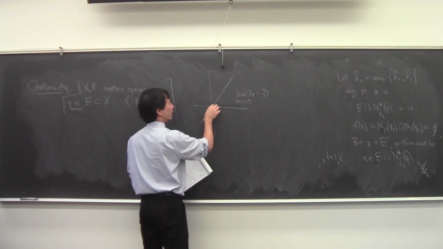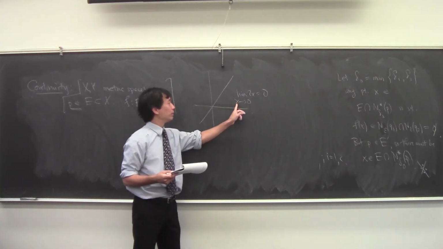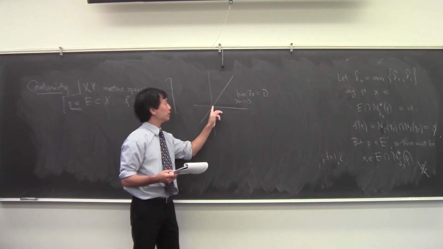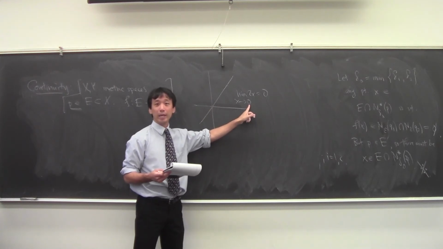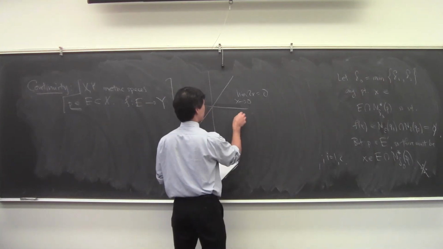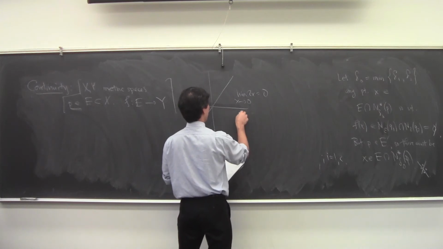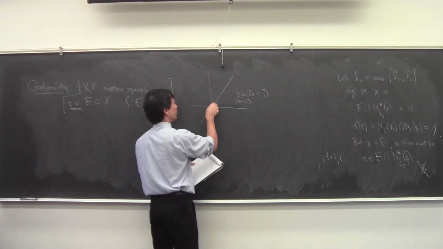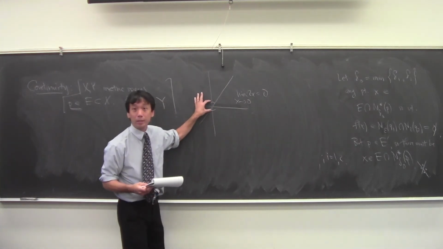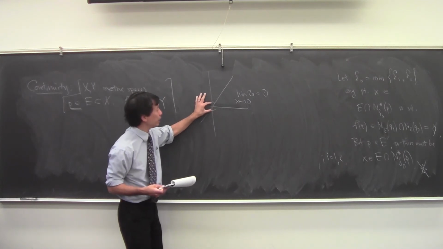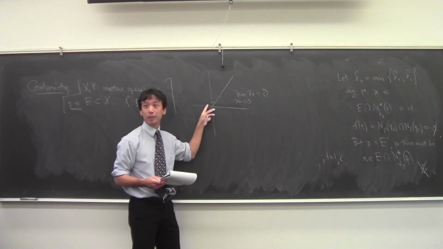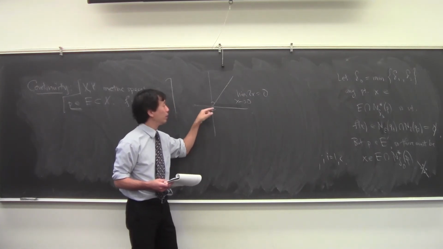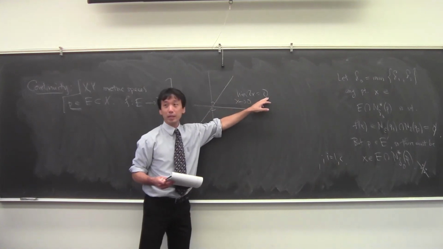You want to be able to say something about the point 0 as well, that no matter what tolerance you're given, even at the point 0, the output lies in that neighborhood. Even at the point 0, the output will lie in the epsilon neighborhood of 0.